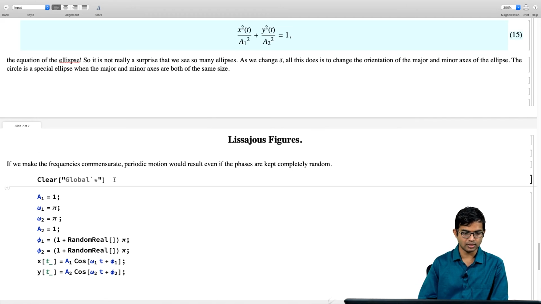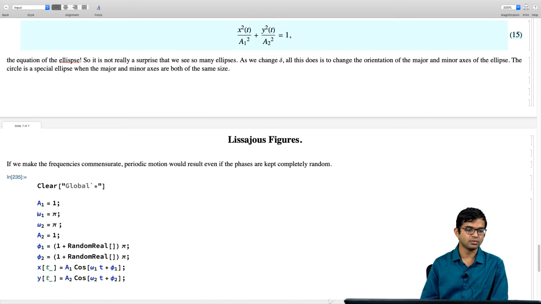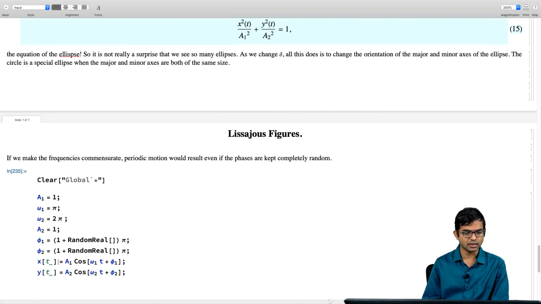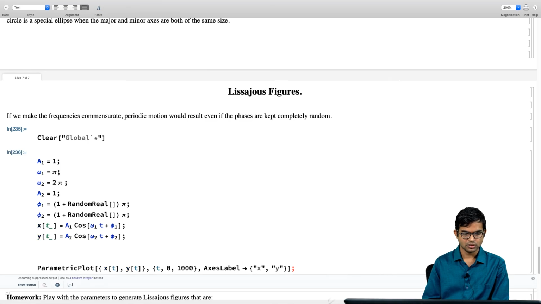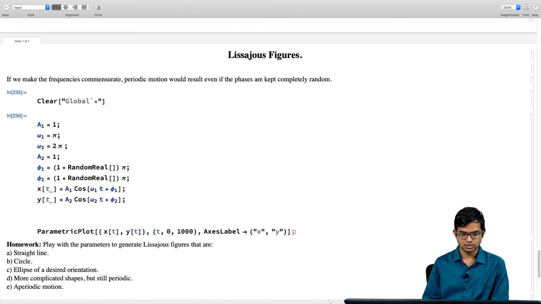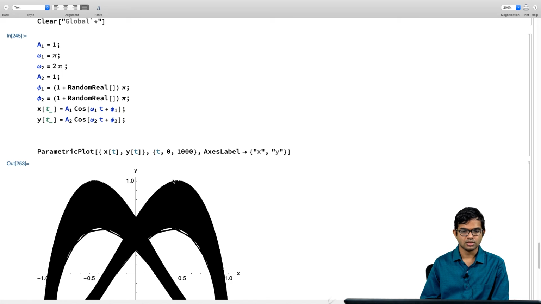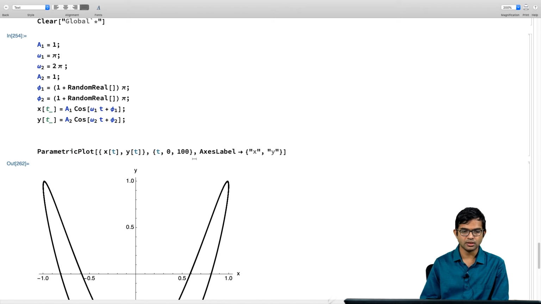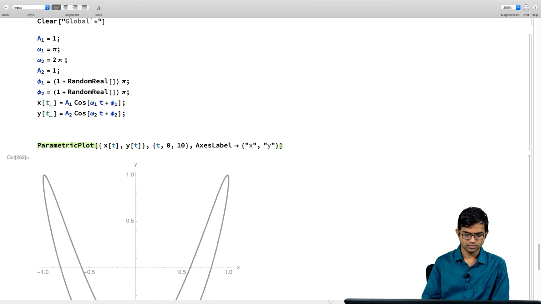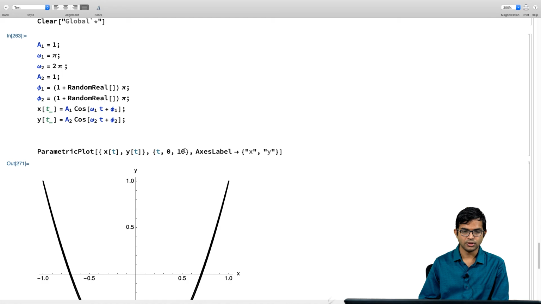If I clear this, I'm choosing here for simplicity omega 1 equal to omega 2, but you can also take some factor. And then I make the others completely random. So there you go. You get a rich set of possibilities, but these will always be periodic.